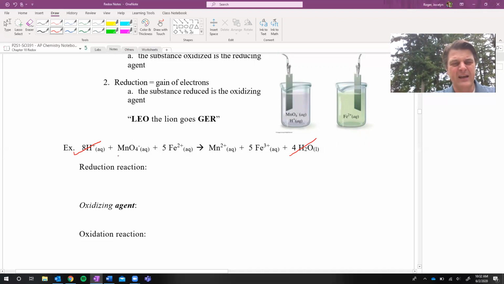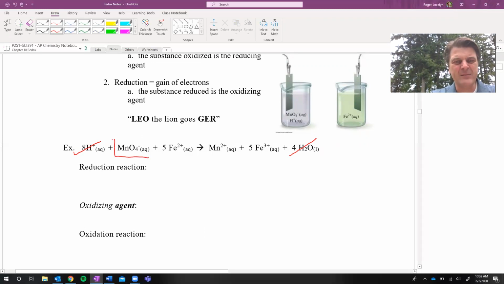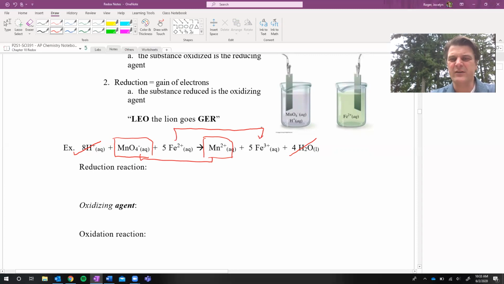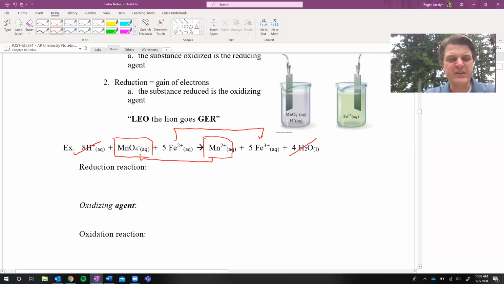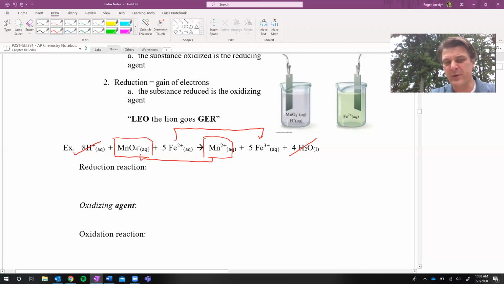Looking at the MnO4 minus half reaction, that substance is turning into Mn2 plus. So here's one half, and then the iron 2 plus going to iron 3 plus is the other half. For the iron half, it's pretty easy because it goes from 2 plus to 3 plus. The iron 2 plus lost an electron and turned into iron 3 plus.